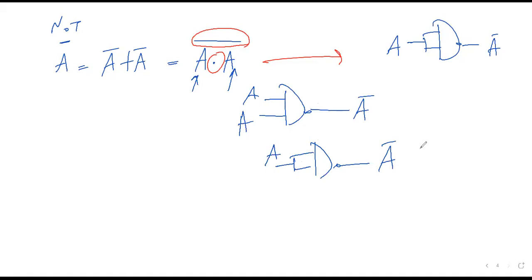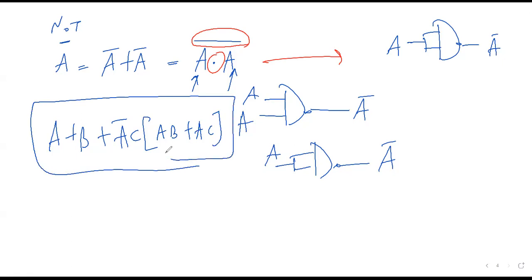But how do you get there? Because what happens is I'll give you a function A plus B plus A bar C multiplied by AB plus AC. You will be given a function like this. You have an OR gate here, you have a NOT gate here, you have an AND gate here. And you are asked to represent that expression using NAND or using universal gates.